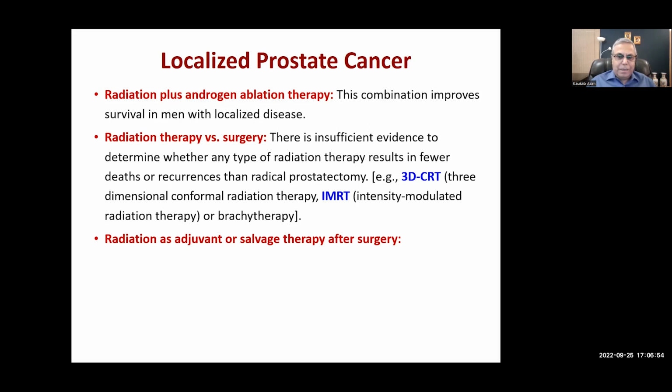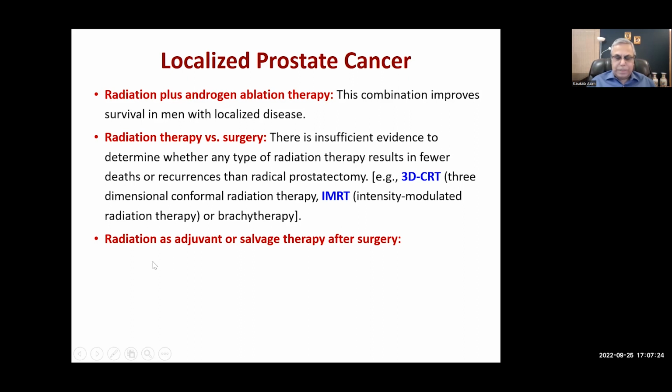If your PSA level falls to nadir, meaning the lowest level, or goes below 0.2 nanogram per ml, and then it starts rising again after a few years, that is recurrence, biochemical failure or biochemical recurrence, okay? And then we give salvage therapy for that.